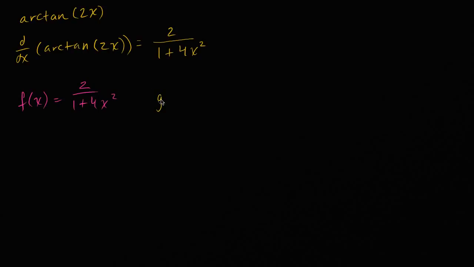So let's say we had another function g of x, equal to 1 over 1 plus x. This is interesting because it's really easy. It's the same thing as 1 plus x to the negative 1 power. G of x is interesting because it's really easy to take its derivatives.